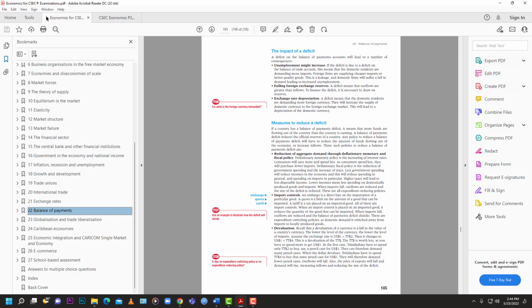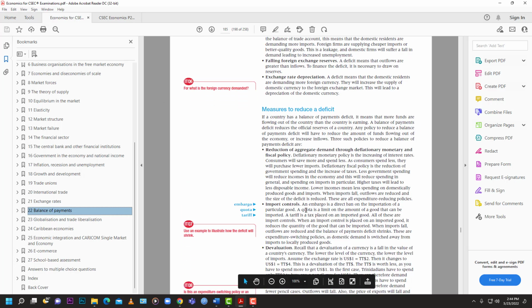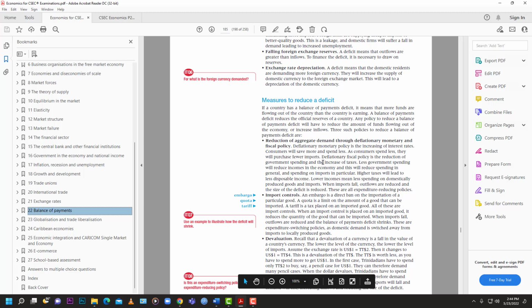Textbook right here again. If a country has a balance of payments deficit, it means that more funds are flowing out of the country than it is earning. So you can have reduction in aggregate demand, and you can use the deflationary monetary policy or deflationary fiscal policy. Those are policies that will reduce demand.